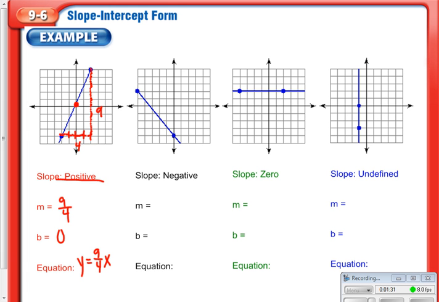Example 2, notice that this line is decreasing, so I should wind up with a negative slope. And again, I'll start with this point here and I'll travel up. When I travel up, that is positive, and that would be a positive 6.